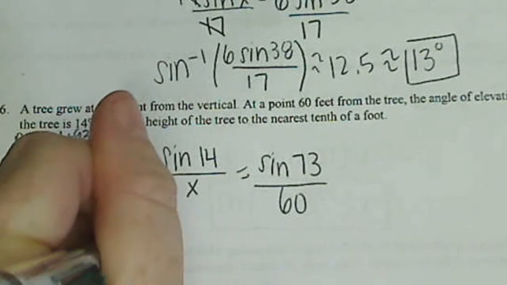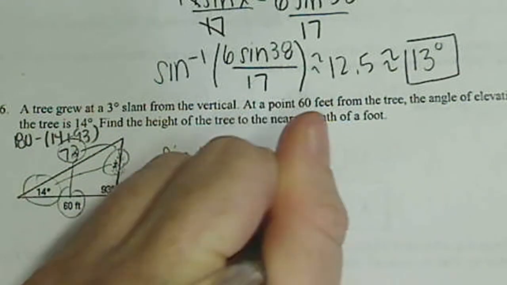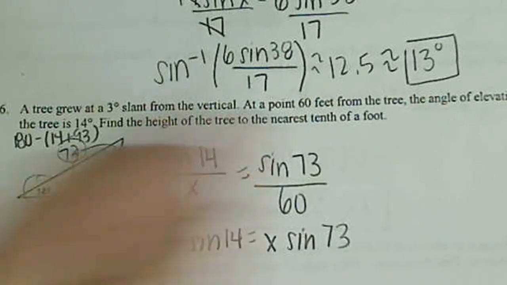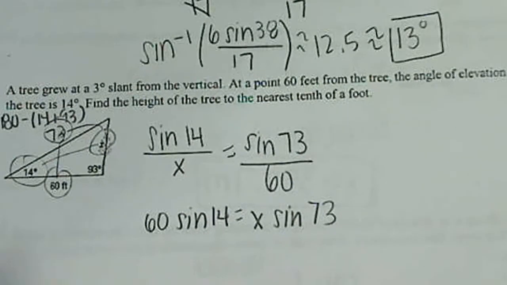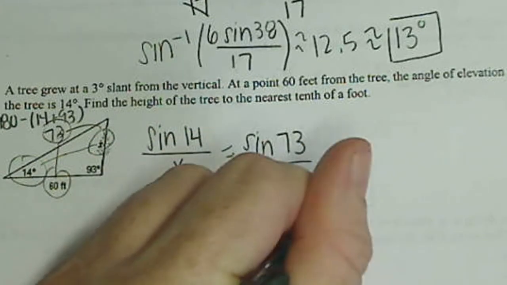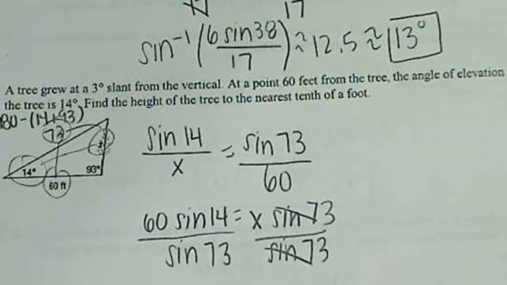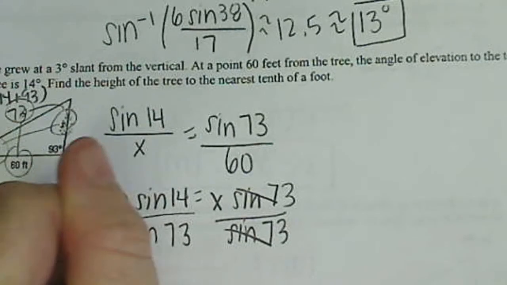Cross multiply again. 60 sine 14 equals x sine 73. Divide both sides by the sine of 73. And we get round to the nearest tenth.